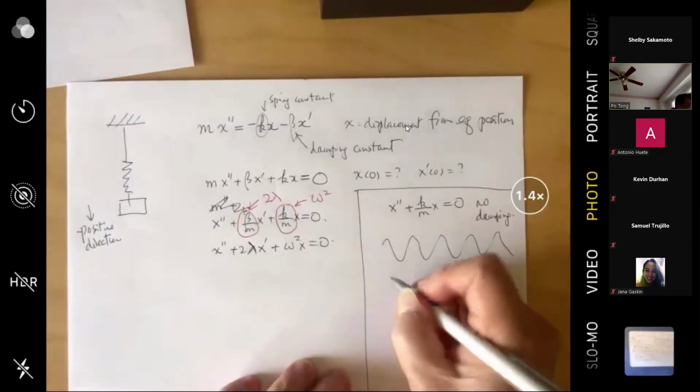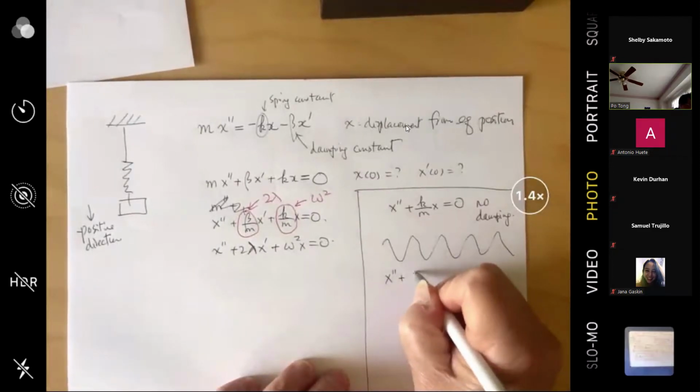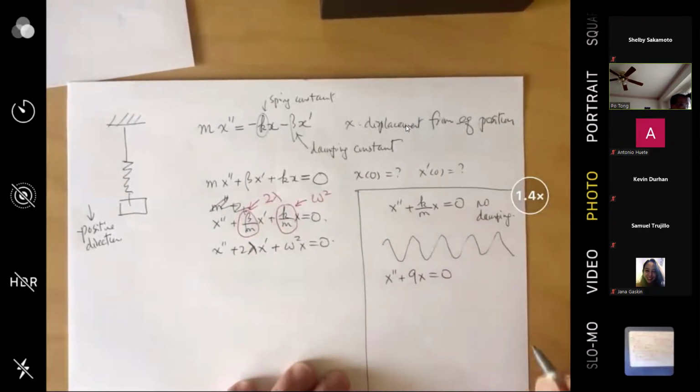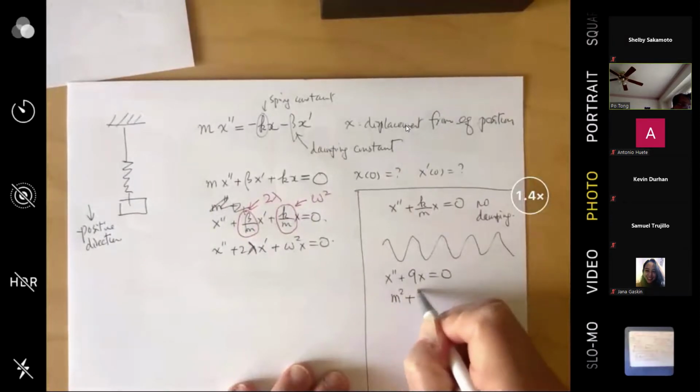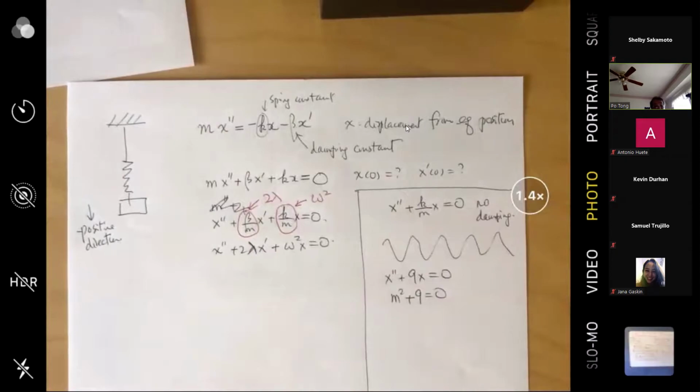So just take an example, x double prime plus 9x equal to 0. What will be the auxiliary equation? M squared plus 9 equal to 0. What will be M? What are the roots of this?